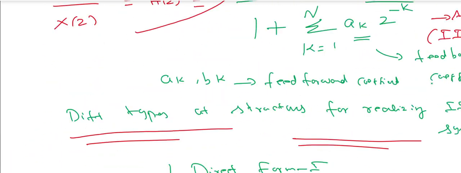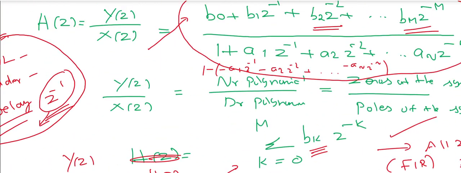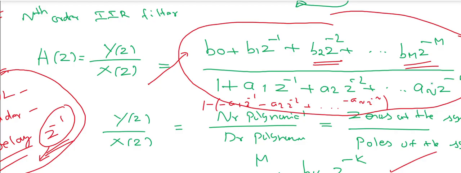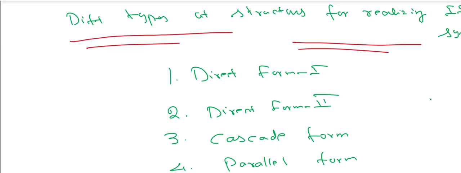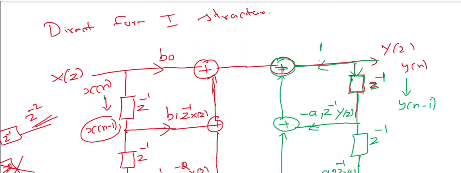This one H of z, b0 plus b1 z inverse plus b2 z minus 2 up to bm, these feed forward coefficients and the feedback coefficients, all zeros and all poles, can be implemented, can be realized in direct form 1 structure.